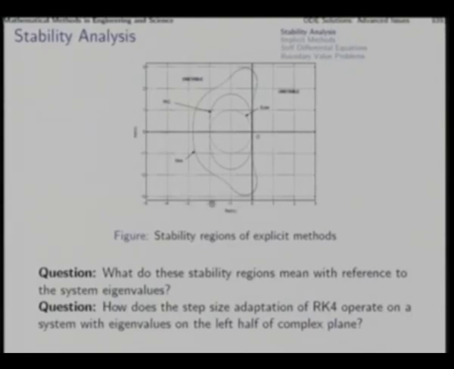That means for unstable differential equations for which the matrix J has eigenvalues with positive real part, the method is anyway unstable, and if the differential equation is stable, that is eigenvalues have negative real parts, but if the value of h is large, so that the eigenvalues fall here, the method is still unstable. So, then how does the step size adaptation of Runge-Kutta fourth order method operate on this kind of a system?